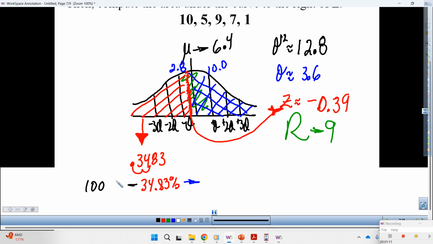Subtract it from 100%, and that gives us 65.17. Is that correct? All right, and that's the area under the curve. Send that in, please. Good review from last night's home play, yeah?